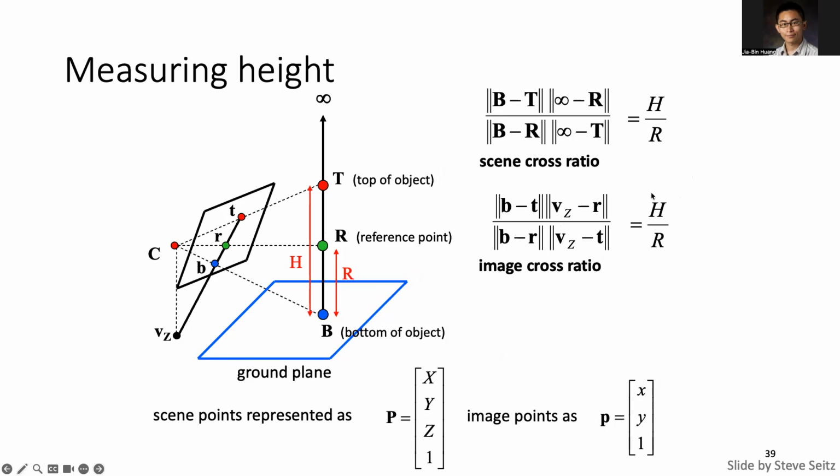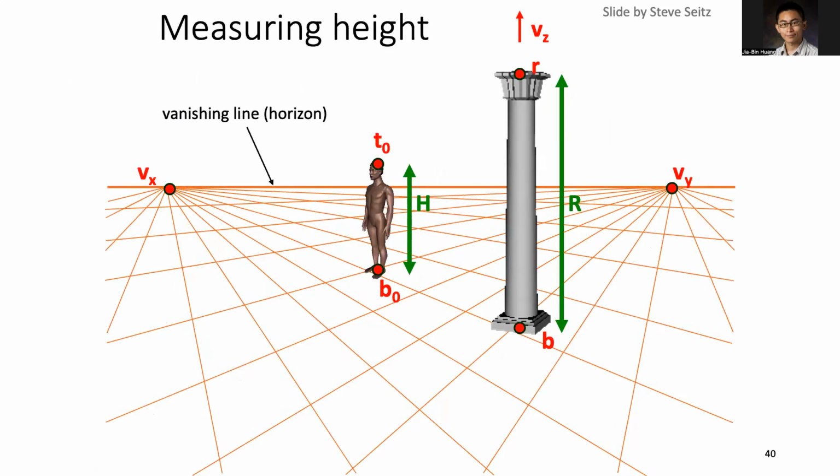Okay, so how do you do this? It looks like the following. Imagine that there's some reference here, and you want to measure the height of the person. So what you do is draw a line between the bottom of the reference and the bottom of this guy and intersect with the ground plane.